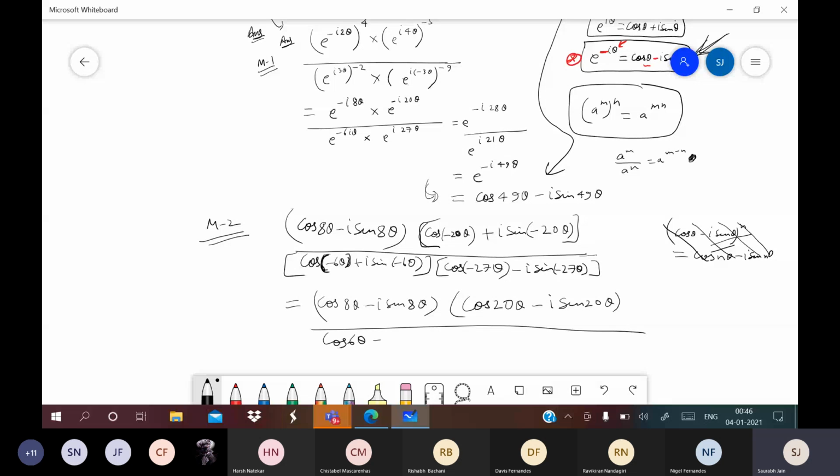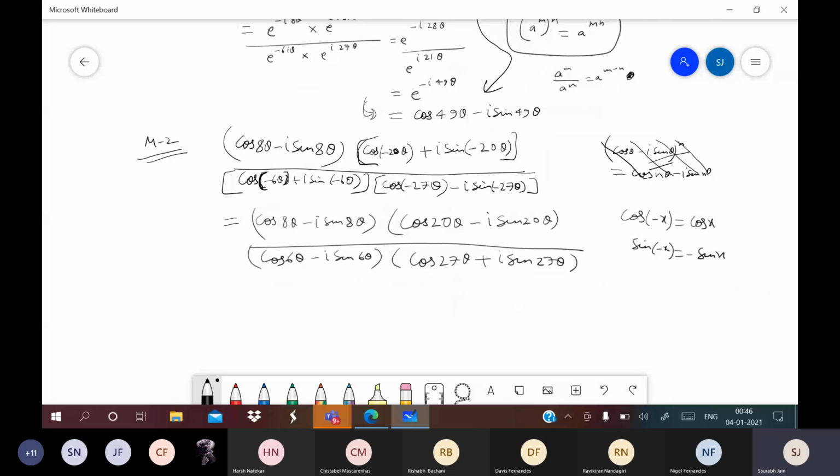It will be cos 6 theta minus iota sine 6 theta, and next one is cos 27 theta plus iota sine 27 theta. What are the concepts used in this step? That cos of minus x is cos x and sine of minus x is minus sine x, formulas of trigonometry.